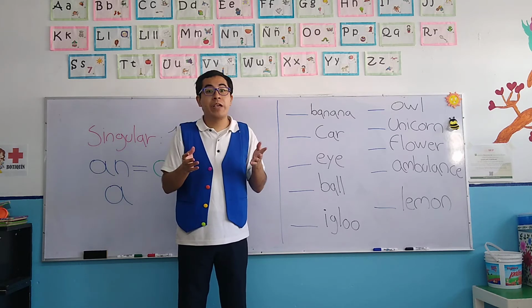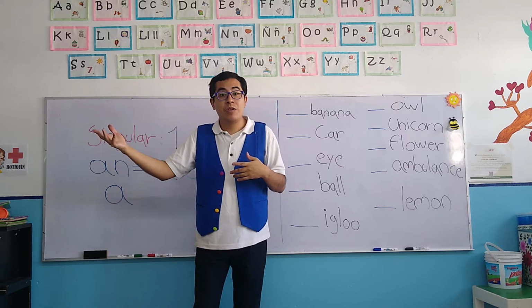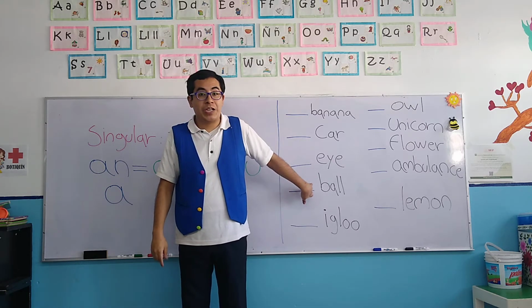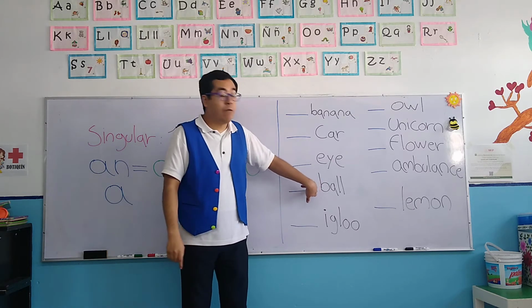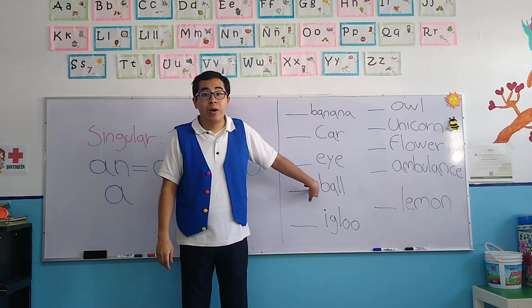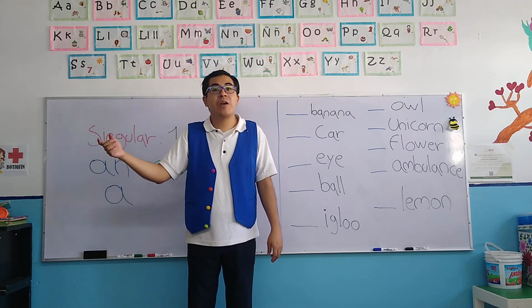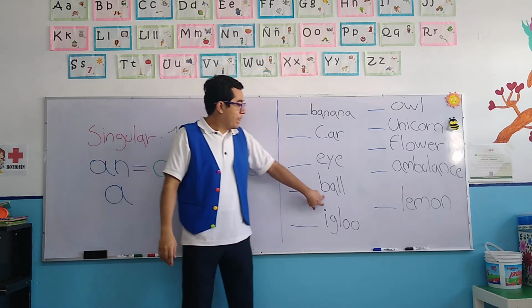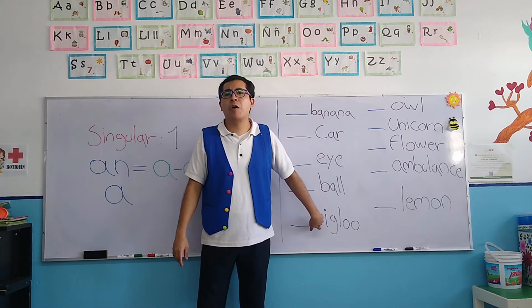The parts of the body, we're going to see tomorrow, so don't forget to be here. Now, the fourth object is a ball. Now, a ball is one of the toys, and we can play with it with our hands or with our feet.